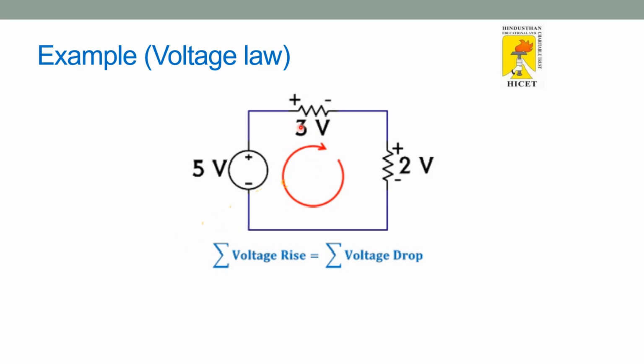The potential drop is 3 volt and 2 volt, totally 5 volt. The potential rise is also 5 volt. So the sum of the potential rise is equal to the sum of the potential drop. If we have more than 2 voltage sources, we can add them also.